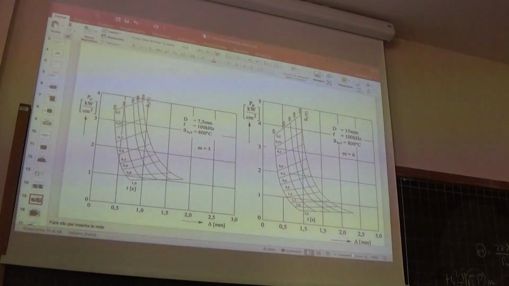Or railroad. It's different, but in any case you can use more or less the same formulas. So when we speak about hardening, surface hardening, we are dealing with a very small layer. Small layer means that it's quite an infinite plane.